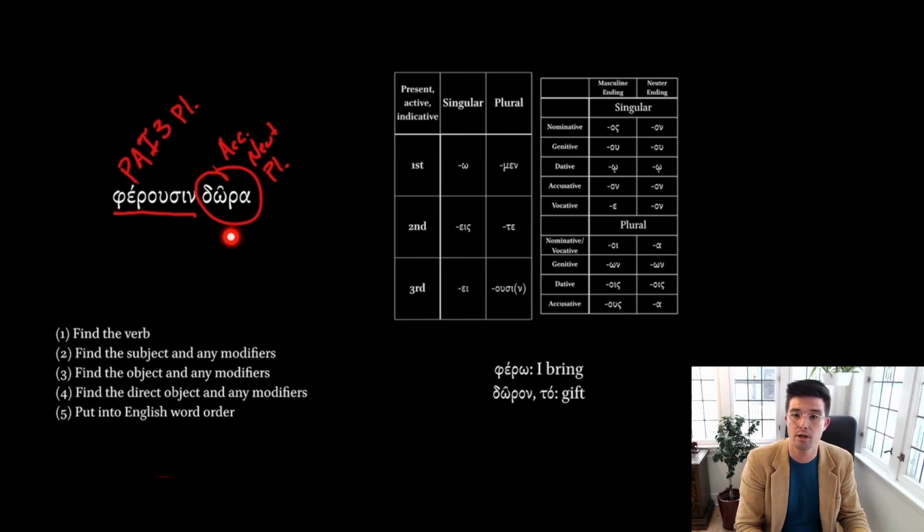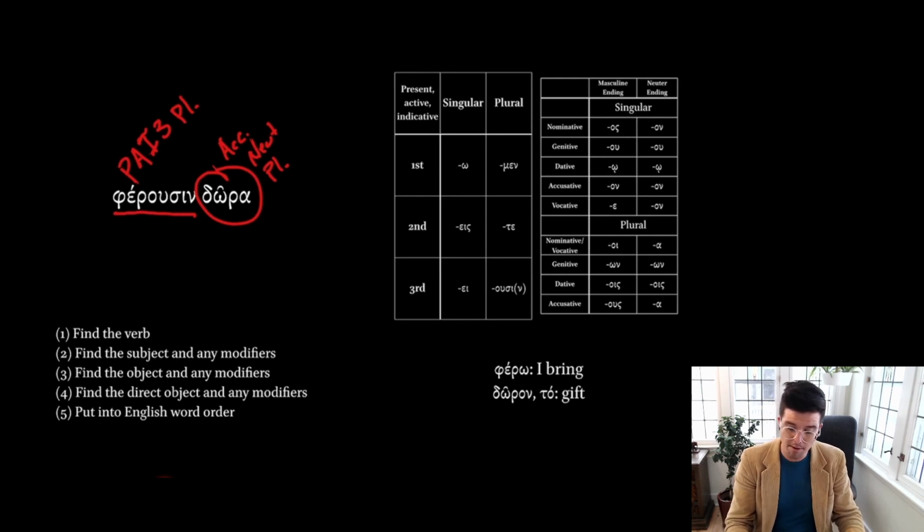So dora could be, when we look over here to our second declension endings, we see that dora could be a nominative plural, matching this here, but it can also be an accusative plural. So if dora were the subject of the sentence, in the nominative, it would be the gifts are bringing. But that doesn't make a whole lot of sense.